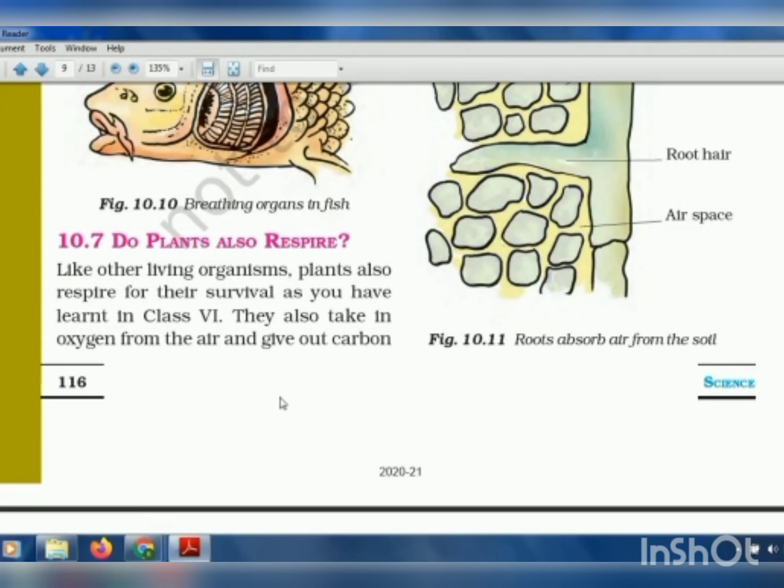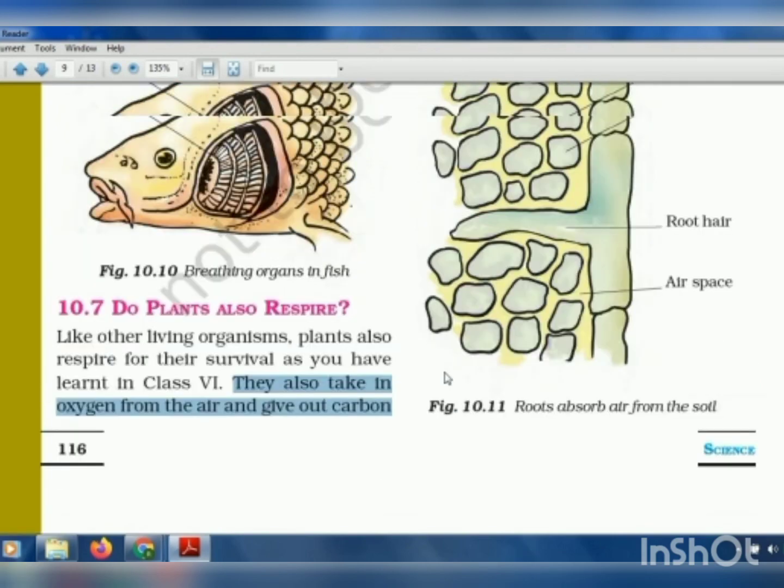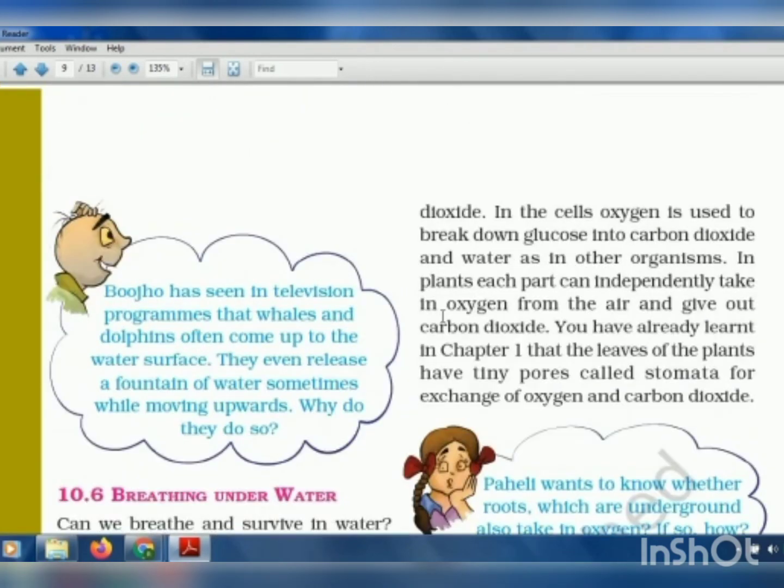Now, how do they do it? We have already studied in chapter 1 of this class that leaves exchange gases through the small holes called stomata, right? The same thing is explained here, that they also take in oxygen from the air and give out carbon dioxide.